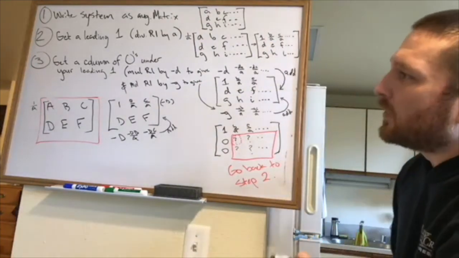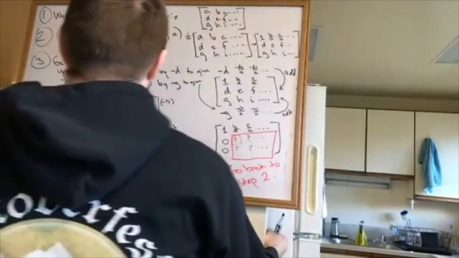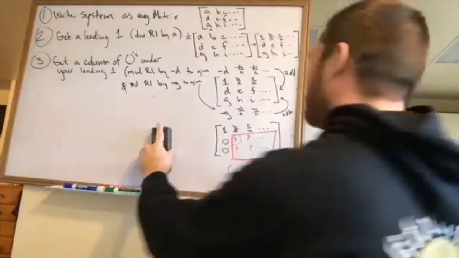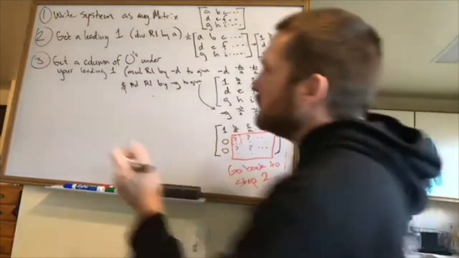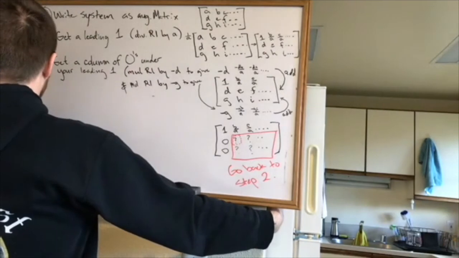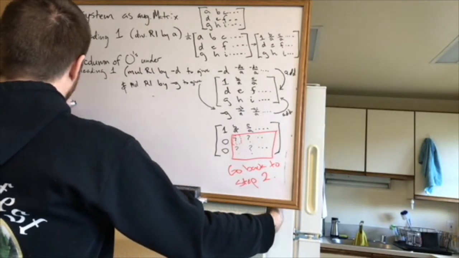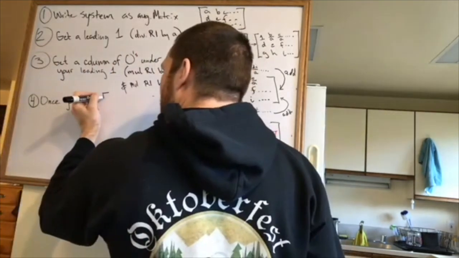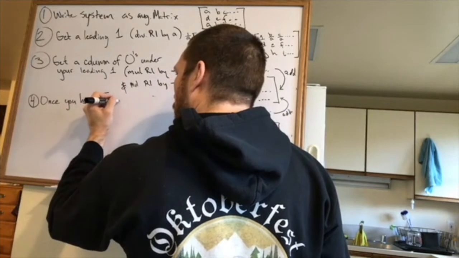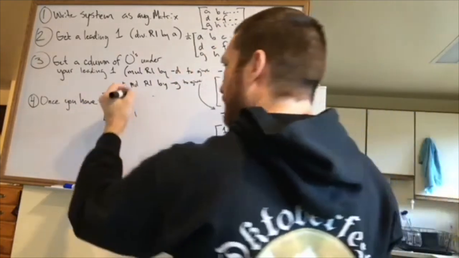Okay. So once you are down to the bottom, once you have this picture, a 1 and a 1 and a 1 and a 1 all the way down, right?